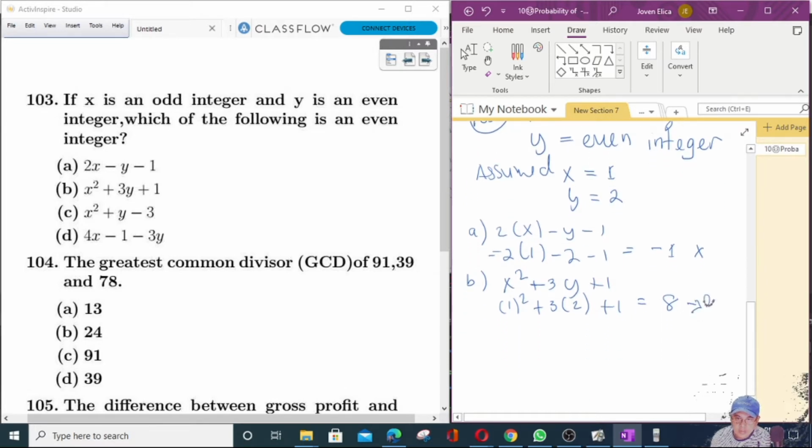So this is an even number, but we have to check all the given choices.